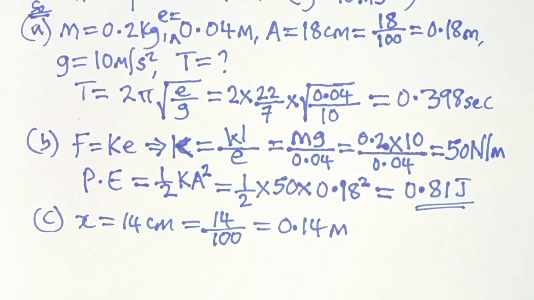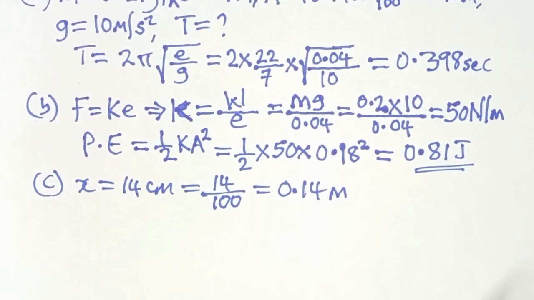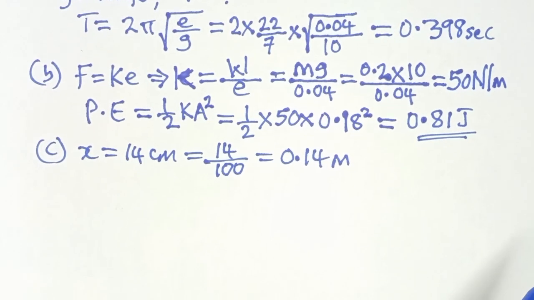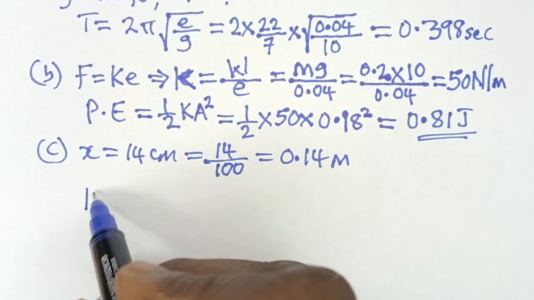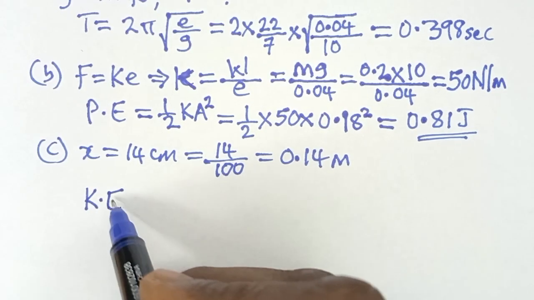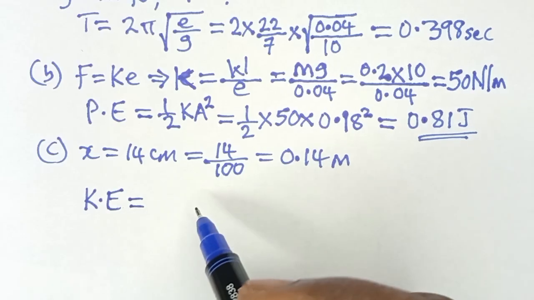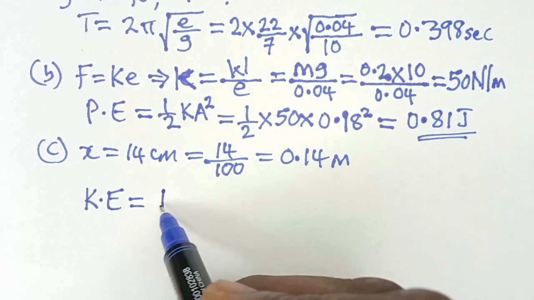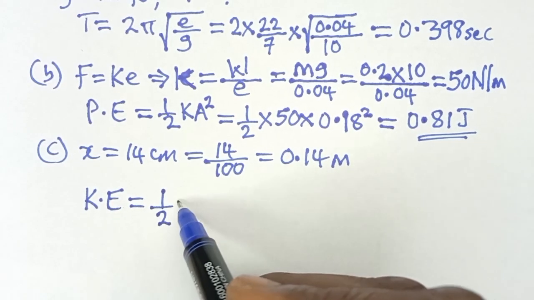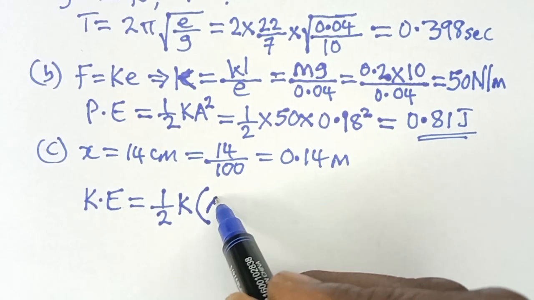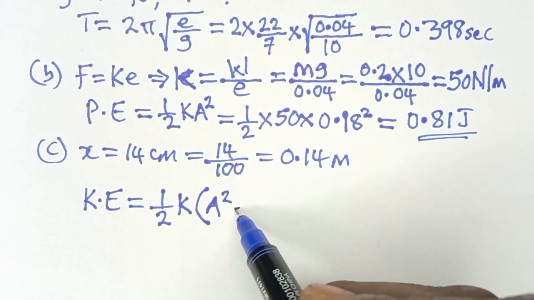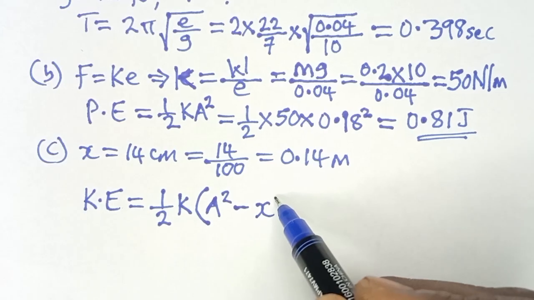So now to calculate the value of the kinetic energy, the formula to apply is given by KE, that is kinetic energy, is equal to half K multiplied by amplitude square, the square of the amplitude, minus x square.